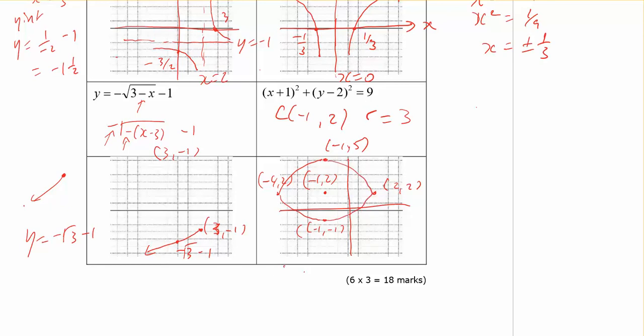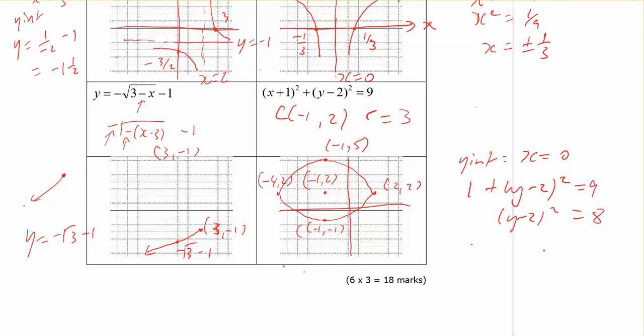And you'll notice we have x and y intercepts, so we need to find those. So y-intercept, x equals 0. When substituting x equals 0, you get 1 squared, which is just 1, plus y minus 2 squared equals 9. Sorry, that should be a 9 here. I've jumped the gun a bit.